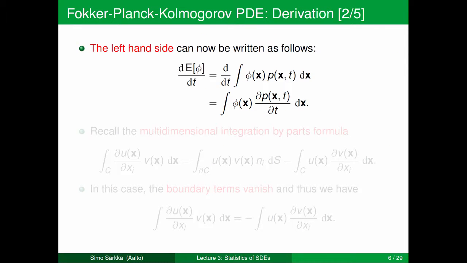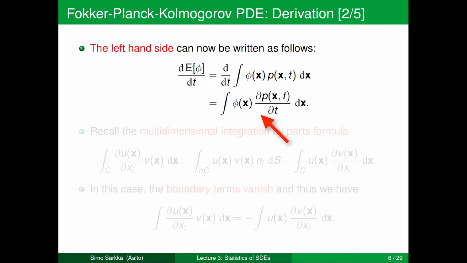So the term can be written like this. The time derivative of the expectation of phi is equal to the time derivative of the integral of phi of x times the probability density of x at time t dx, and assuming that we can exchange the order of differentiation and integration, it is equal to the integral of phi of x times the partial derivative of p of x and t dx.